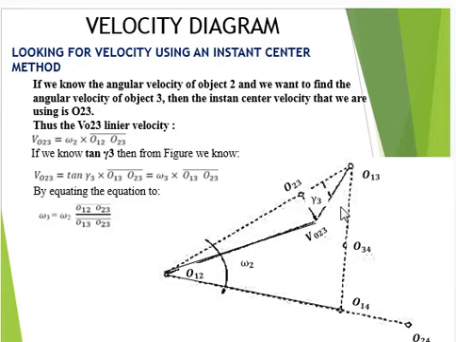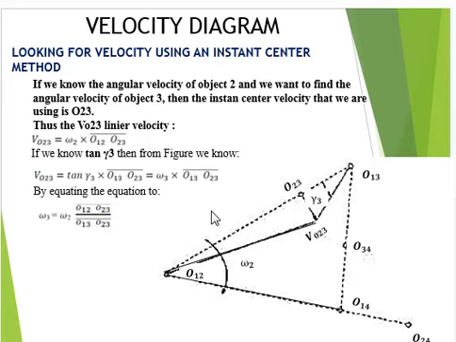then the instant center velocity that we use is O23. We can use O23 to find the velocity on object 3. This is object 3.